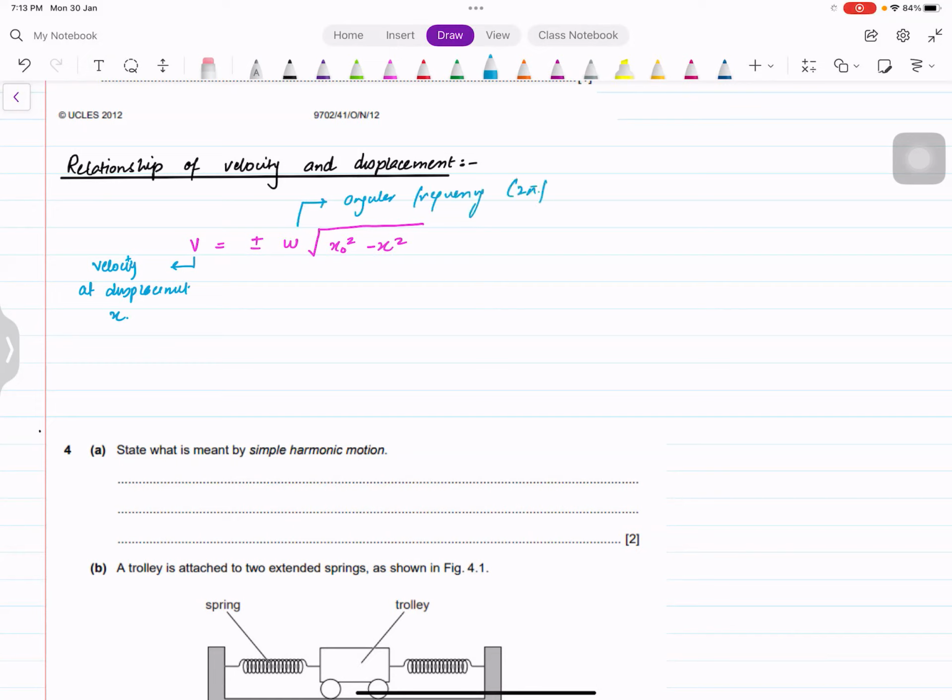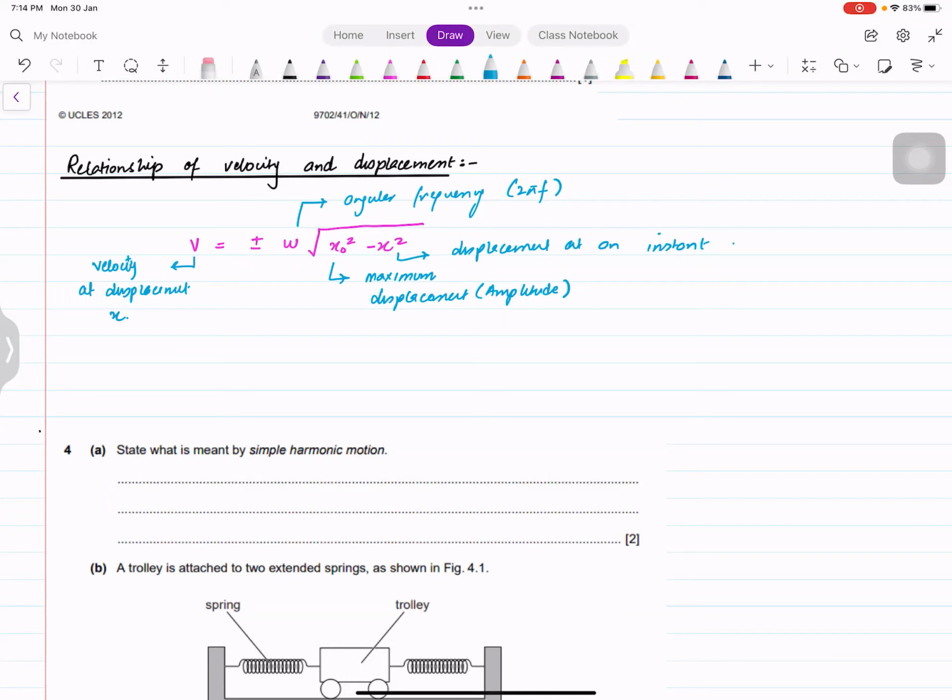You can find it as 2 pi f if you don't know yet. This is the maximum displacement, also known as the amplitude. And this is the displacement at an instant. So you got to remember that.